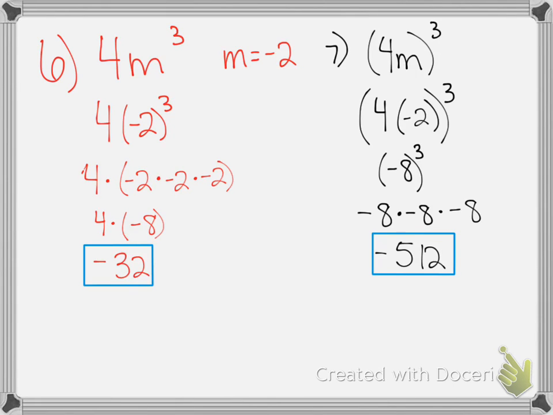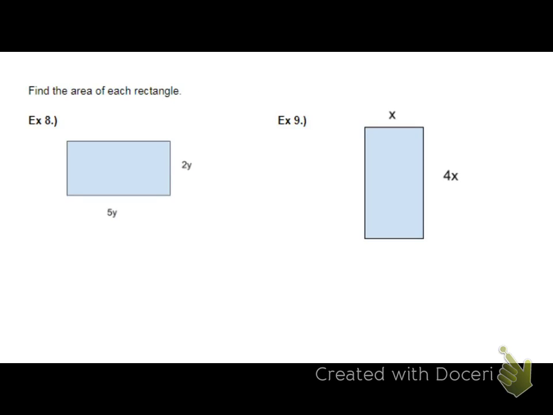Do we have questions about examples 6 and 7? We're sure? Okay, we'll go on to your 8 and 9, and then I'll bring back those last two for a little extra practice. Find the area of each rectangle.